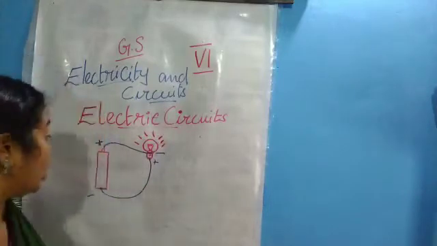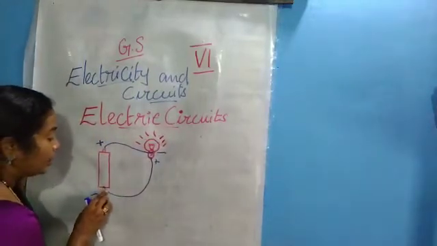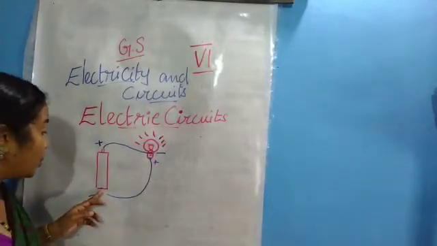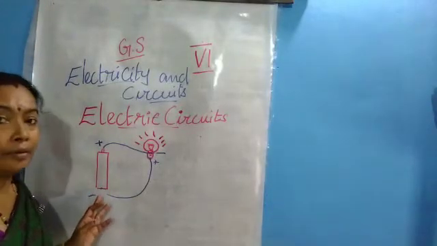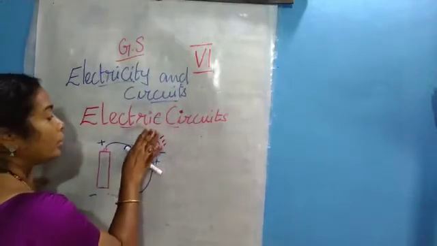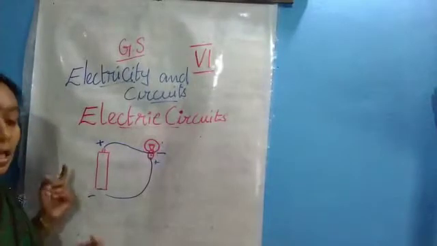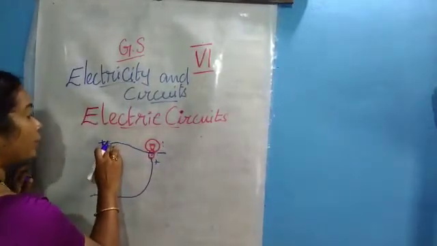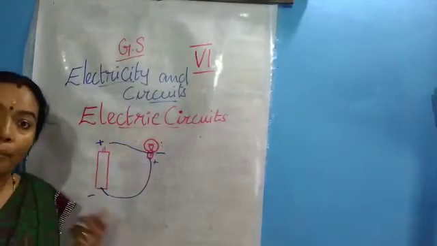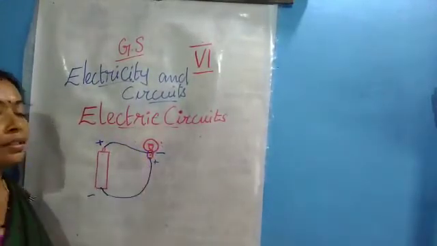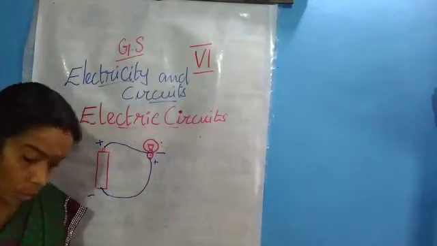If the connection is not proper, sometimes the wire is not connected with the terminal properly, it is not touching one terminal, and the bulb won't glow. Sometimes it is connected here and not connected there, and at that time also the bulb won't glow.